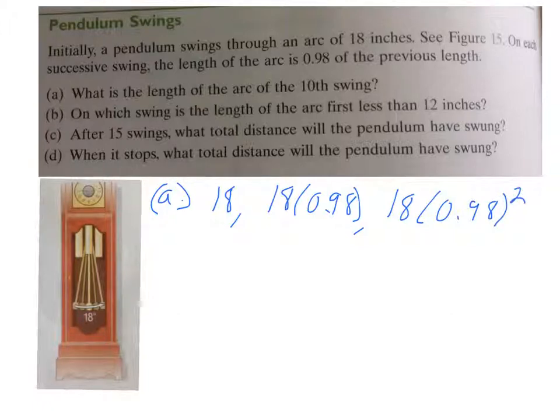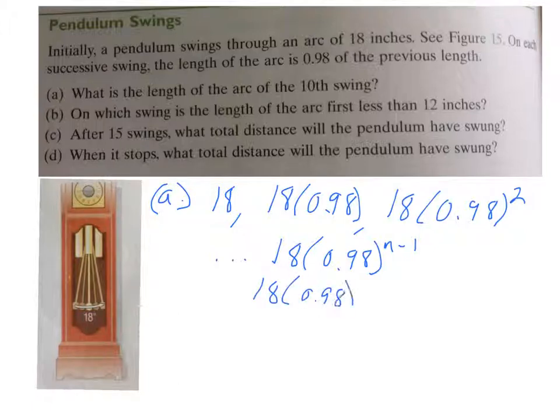So we can extrapolate that on the nth swing, we have n minus 1 as the exponent. So on the 10th swing, it's going to be 18 times 0.98 to the 9th, which gives us 15.007 inches on the 10th swing.